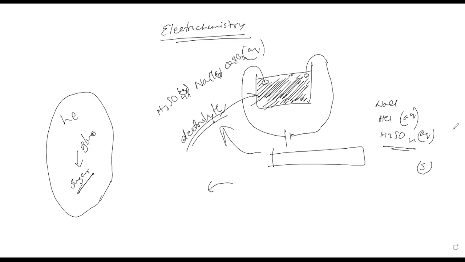Now, the formal definition of electrolysis: this process itself is known as the electrolysis process. Electrochemistry basically deals with the electrical parts of this system, making electricity work and analyzing the components.